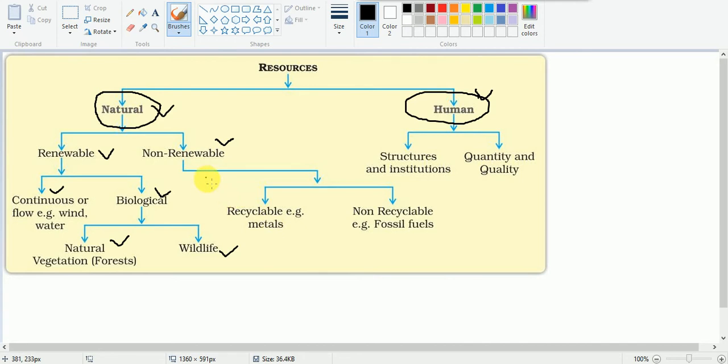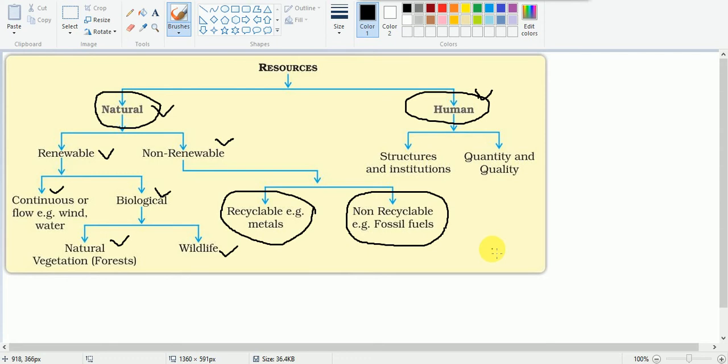And non-renewable resources are further subdivided into recyclable resources, for example metals, iron, copper, lead. Then another one is non-recyclable, fossil fuels, for example petroleum, natural gas, then coal. So these are examples of the non-recyclable resources.